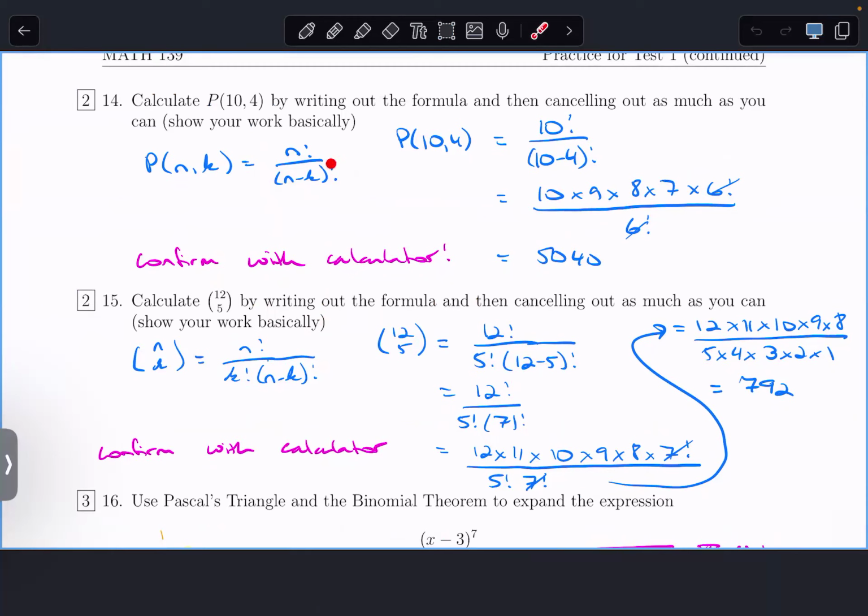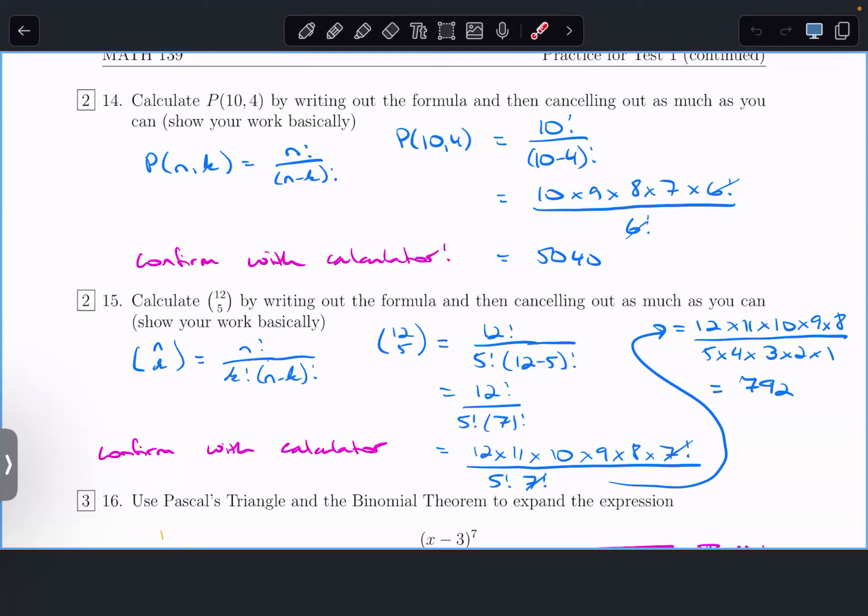You've got the formula for the permutations of n and k, and you've got the formula for n choose k on your formula sheet. But then we're using the factorial cancellation to show what it would be. Okay, so the question would give us n and k. Yeah, so it would be something like this.